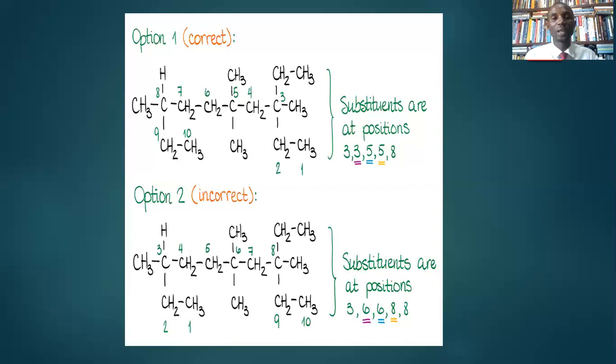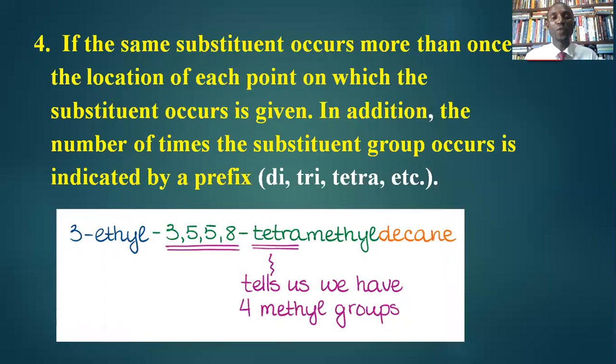Then number 4, if the same substituent occurs more than once, the location of each point on which the substituent occurs is given. In addition, the number of times the substituent group occurs is indicated by a prefix. Di is for 2, tri is for 3, tetra is for 4, and all of that.